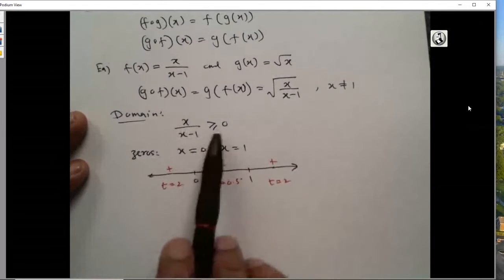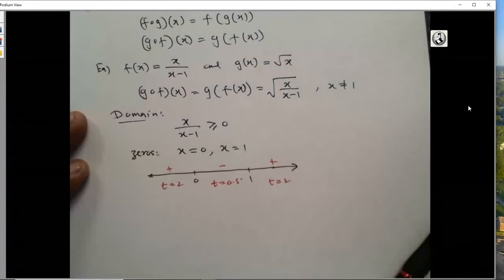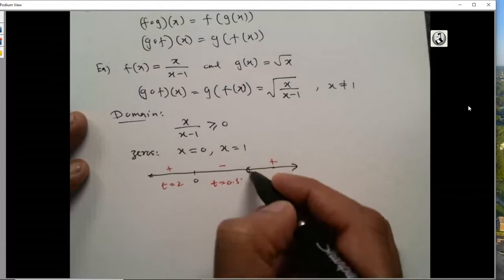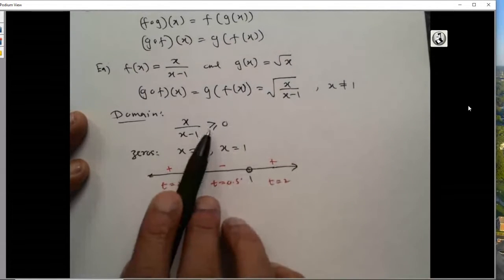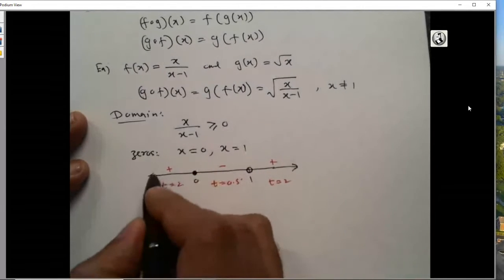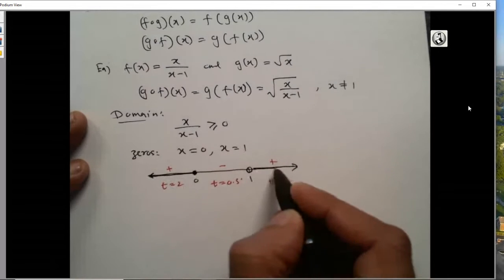So we are looking for positive or 0. That means we need this part and that part, but we still want to avoid dividing by 0, so you remove the zero from the denominator, which is 1. Since there's an equal sign here, you include the 0 from the numerator. So that is the solution set, because we are looking for positive.